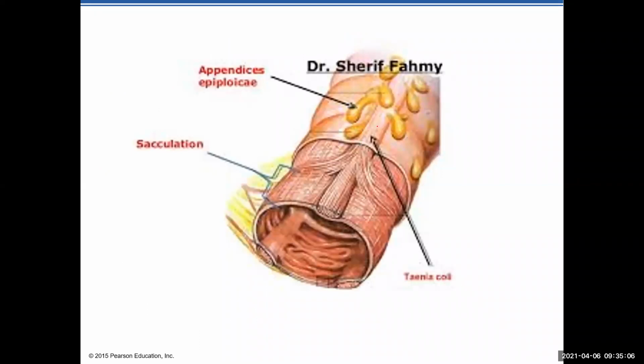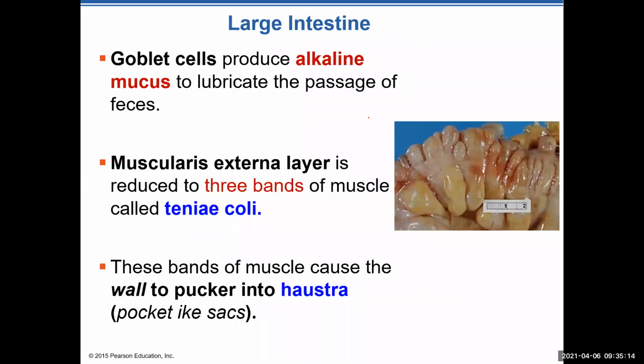Look at this. Here we have this muscularis externa, and it's not very smooth in the large intestines, as you can see. Because of this taenia coli, it has given a puckered appearance to the large intestines.